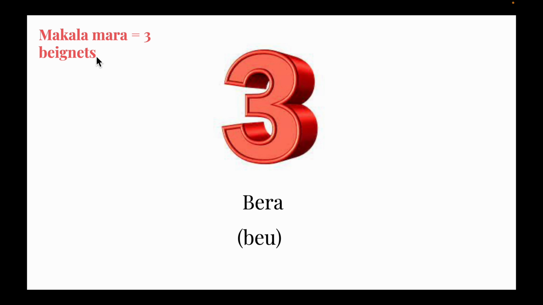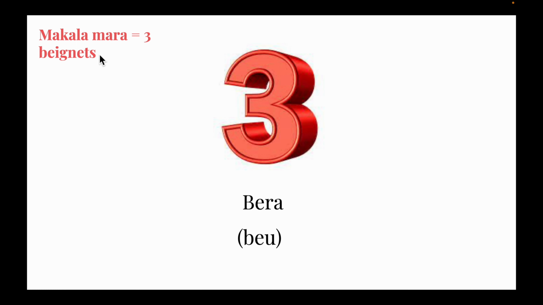To say beignet in Bassa'a, we say makala. The makala is the plural form of beignet. The singular form of beignet, as in 1 beignet, is rikala. 3 is plural. Therefore, even in English or in French, you know to add the S, right?